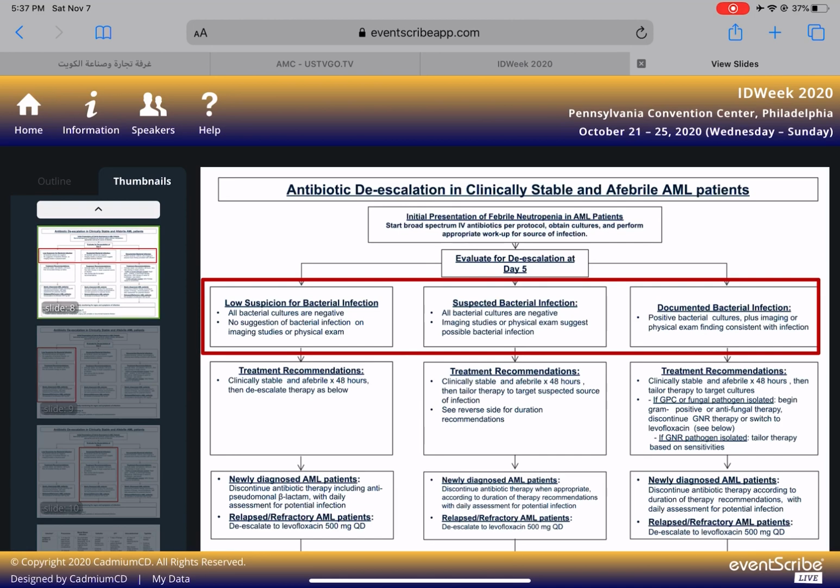There's no question most of these people are at high risk, so they need IV antibiotic therapy up front. We obtain cultures, we perform appropriate workup for infections, we get imaging, we do a physical exam, things like that. So everybody gets all the standard upfront therapy on day one.